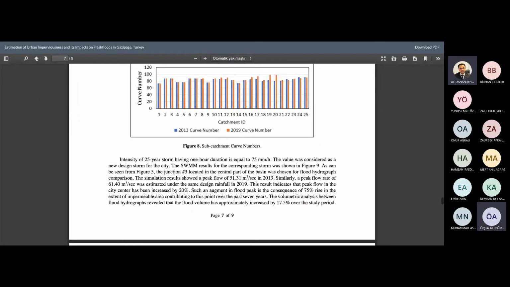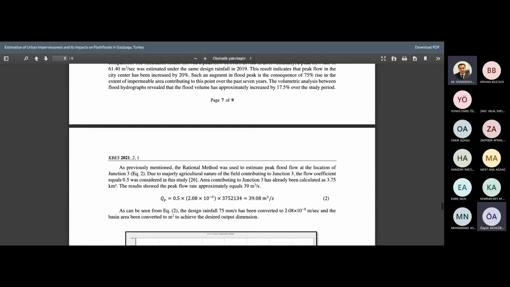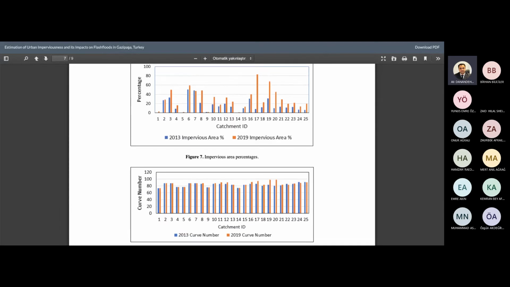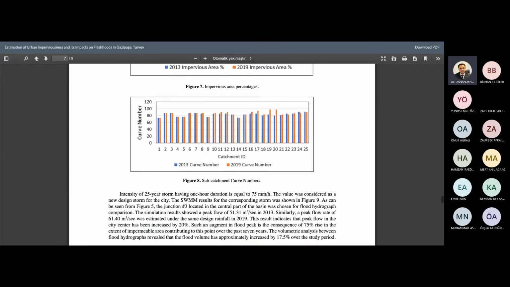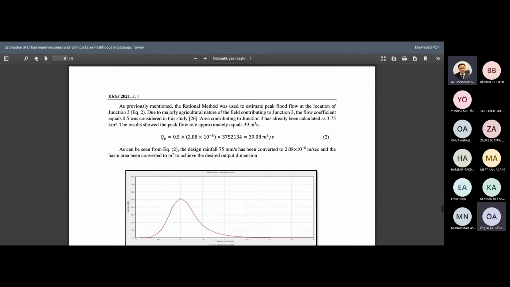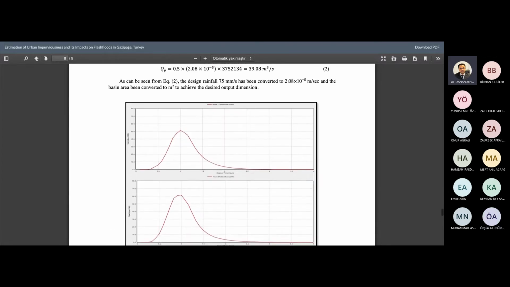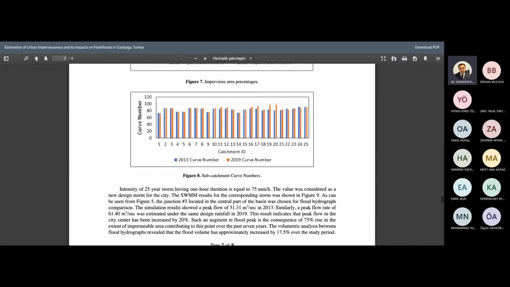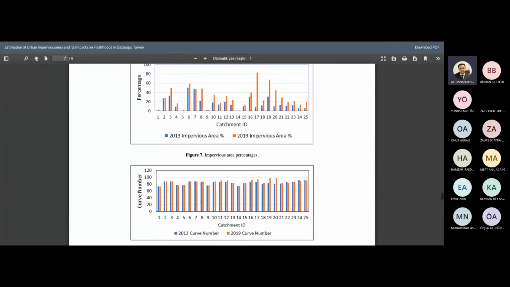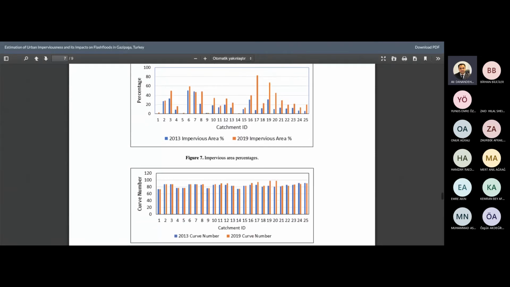Some of the methods to control such runoff could be working upstream by installing small check dams, maybe by increasing green area.